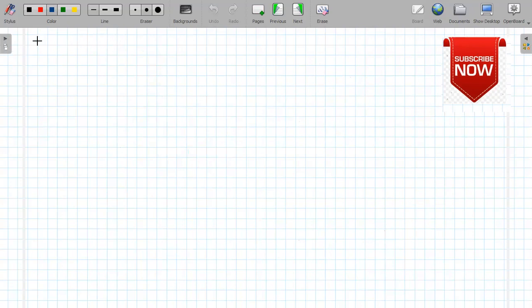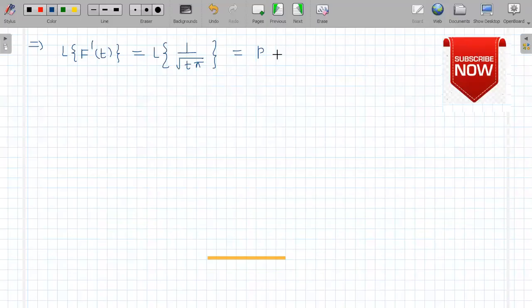So now we write here Laplace transform of f dash t, which is nothing but Laplace transform of 1 upon square root of t into pi, is defined as p into Laplace of ft minus f at 0.